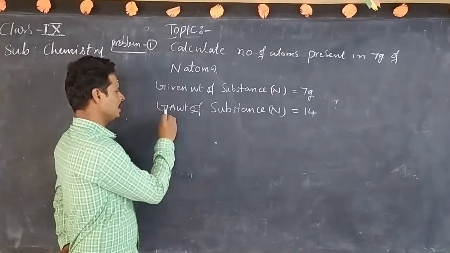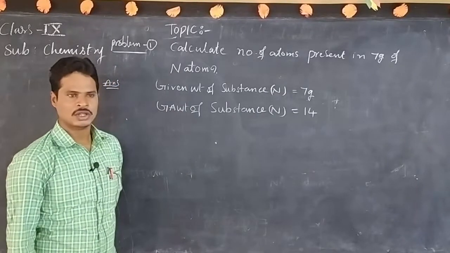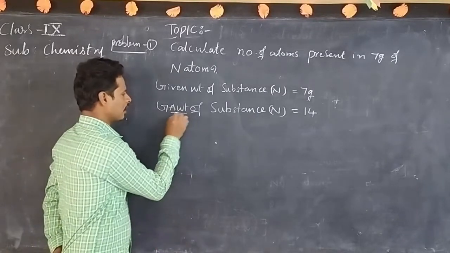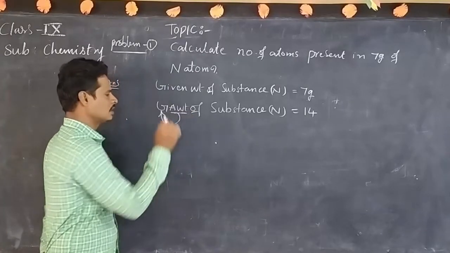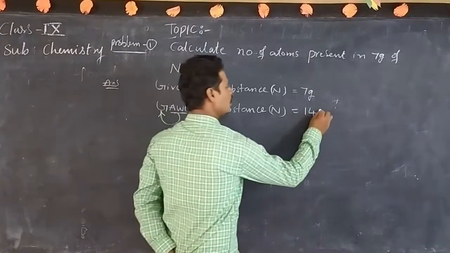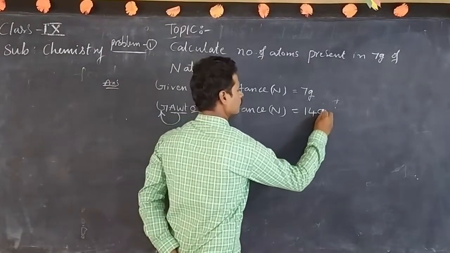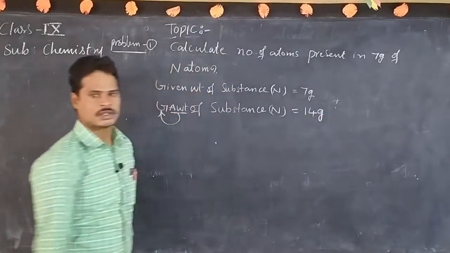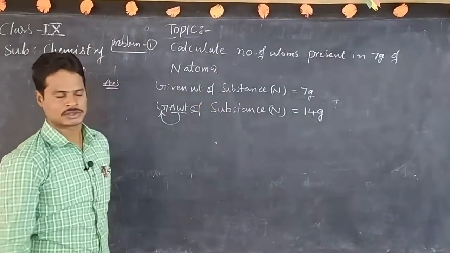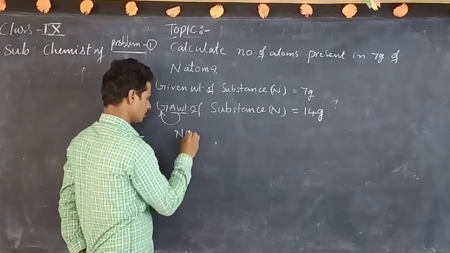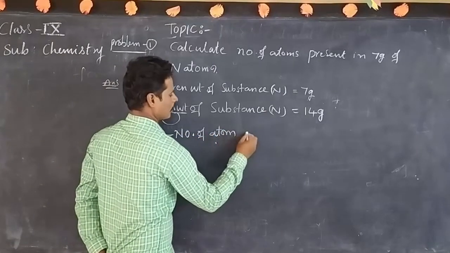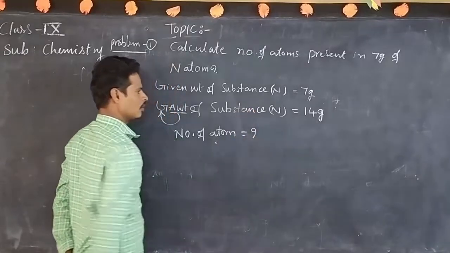So here we need gram atomic weight. What is the meaning of gram atomic weight? Atomic weight expressed in grams is called gram atomic weight. That's why 14 grams. Next, which one do I have to calculate? Number of atoms equal to question mark.